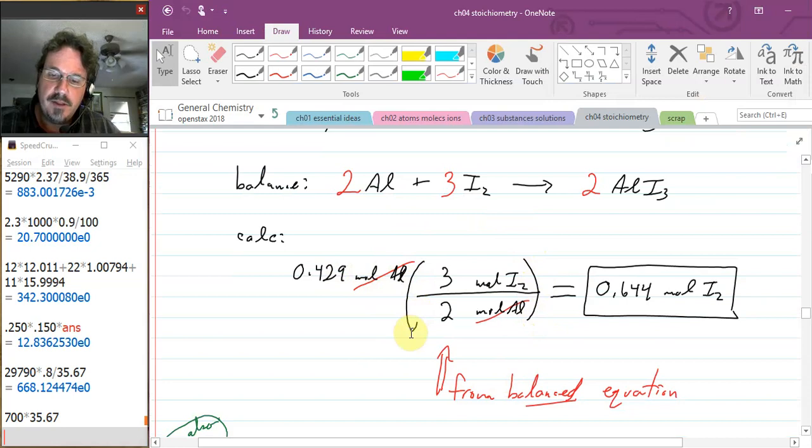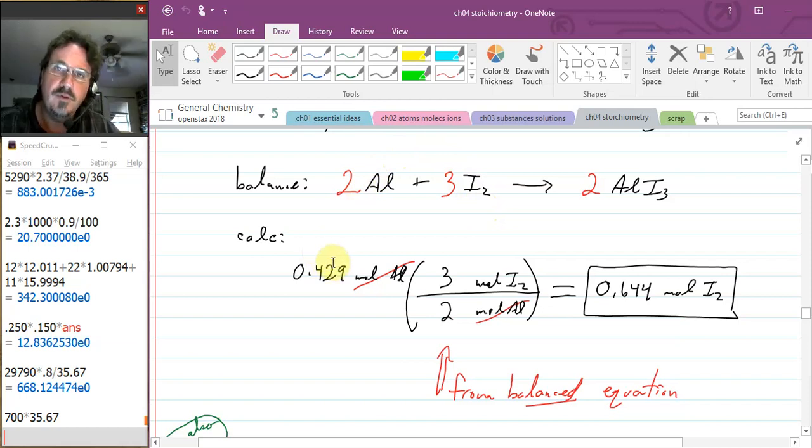In my balanced equation, you see, 2 moles of aluminum react with 3 moles of iodine to produce 2 moles of aluminum iodide. They're asking me about how much iodine actually reacts with those 0.429 moles of aluminum.